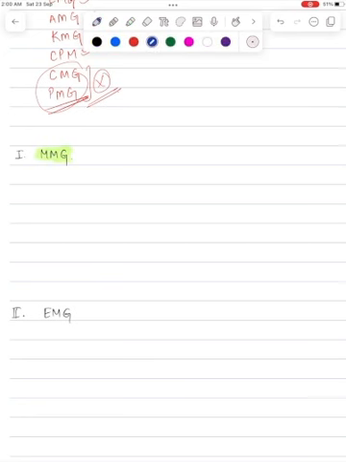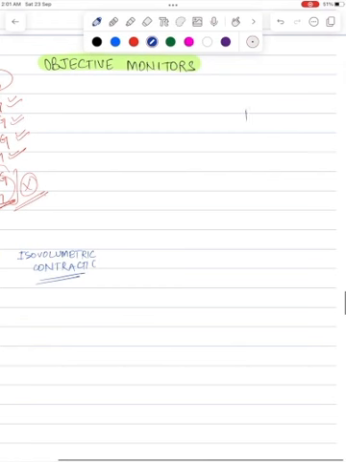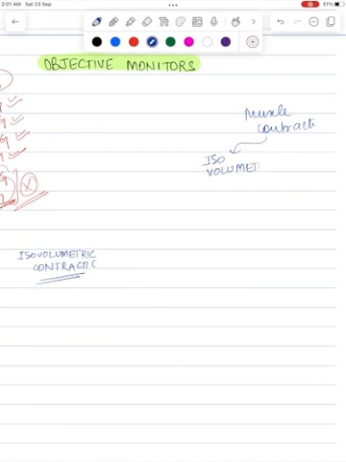So mechanomyography actually measures the isovolumetric contraction. If you remember your physiology lectures from MBBS, muscle contraction can be of two types. It can be isovolumetric, and it can be isotonic.